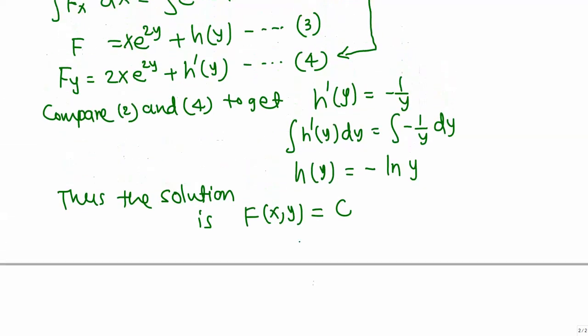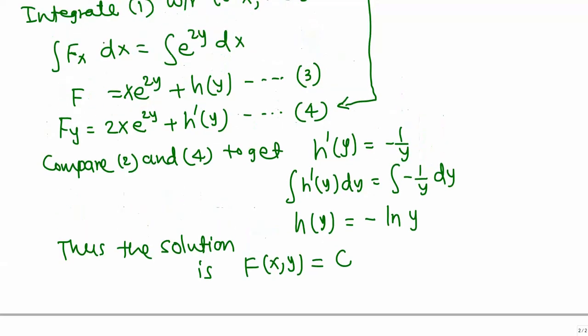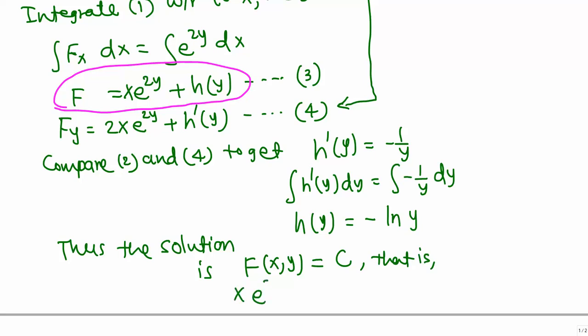The function is in number 3, that is, x e^(2y) plus h(y). We just found h(y) to be negative natural log of y, so x e^(2y) minus ln y equals a constant. This is the general solution, by the way.